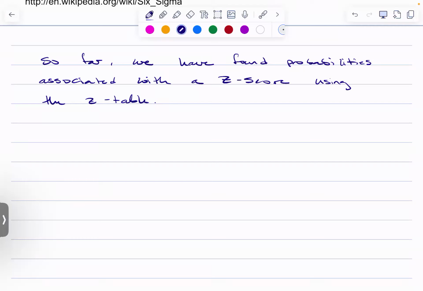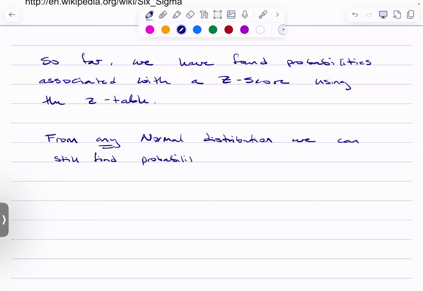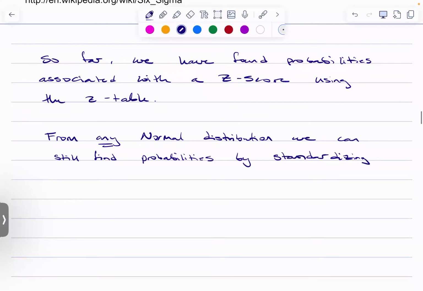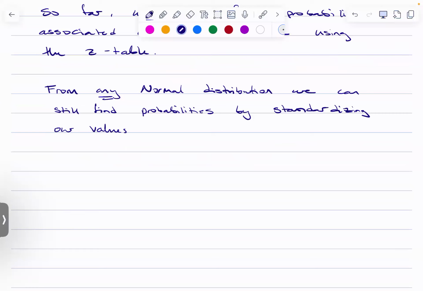So what we do is, from any distribution, from any normal distribution, I'll use capital N, you don't have to, we can still find probabilities by standardizing our values first, potentially more than one value, which is going to look like this.